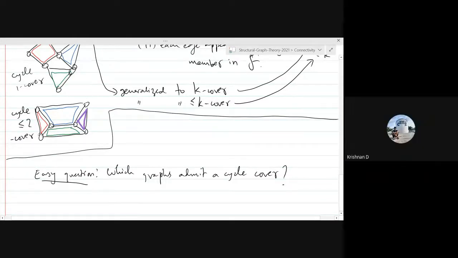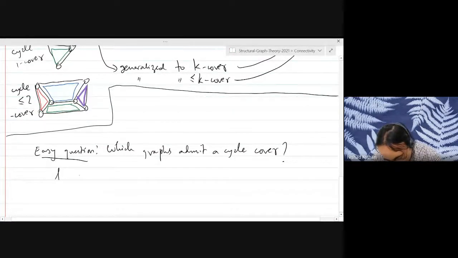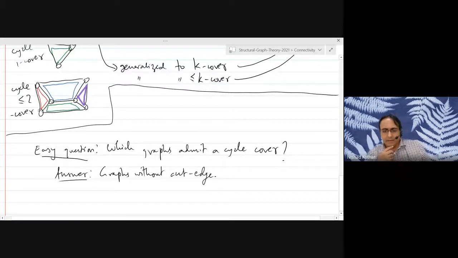A graph which has no cut edge at all. No cut edges, exactly. The answer is graphs without cut edges. Because if an edge is not a cut edge, then by the proposition we just discussed, there is some cycle containing that edge. You just throw it into your cycle cover.